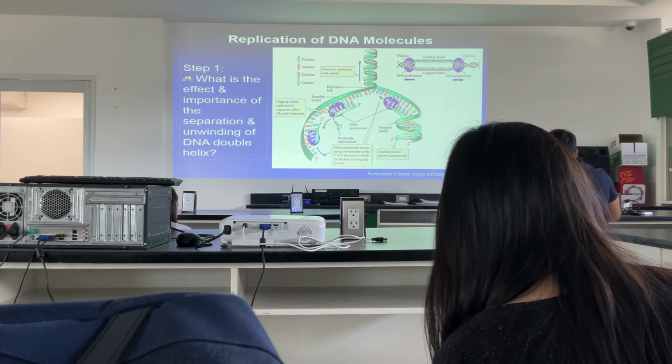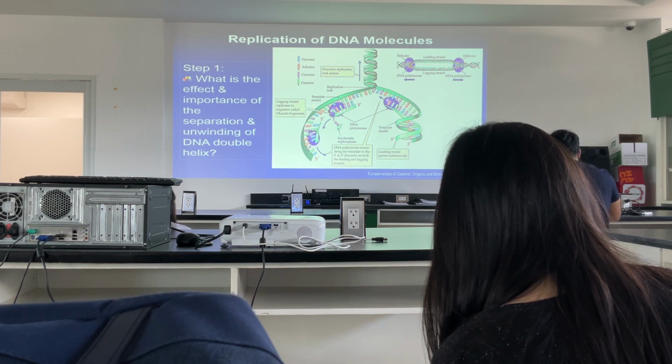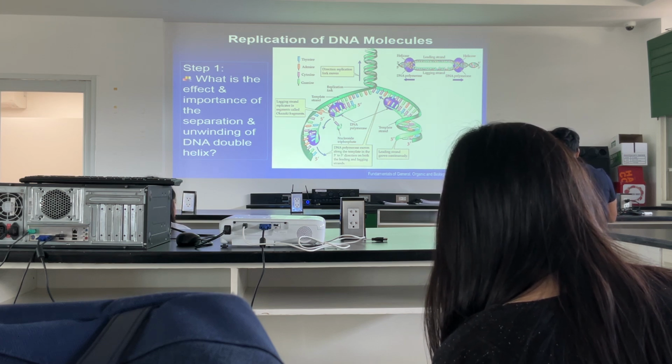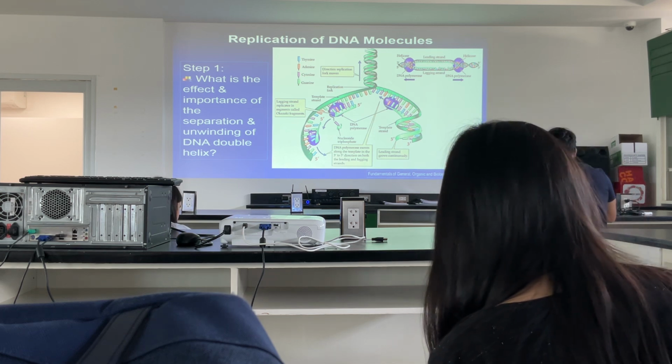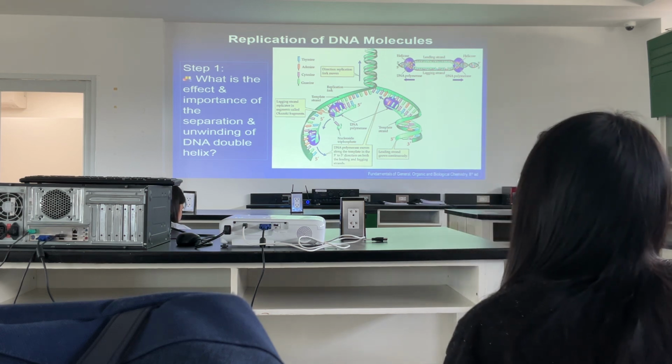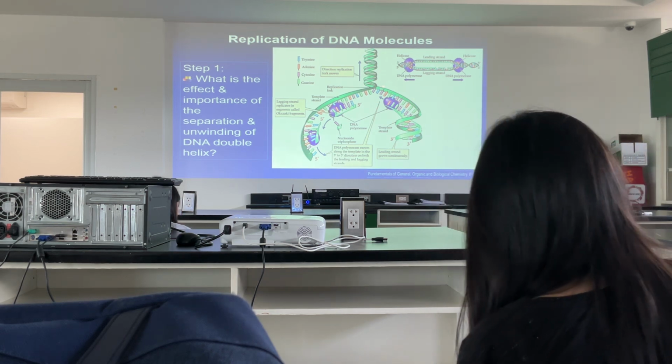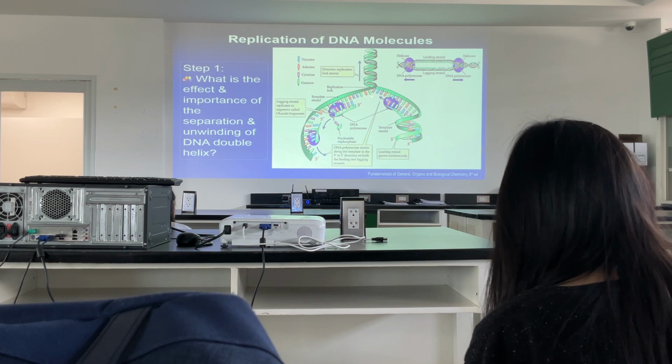And therefore, each strand will now act as a template in the synthesis of a new strand. Why will the two separated strands become templates in the synthesis of a new strand? It's because formation of the new strand will depend on the sequence of the bases in the template strand.